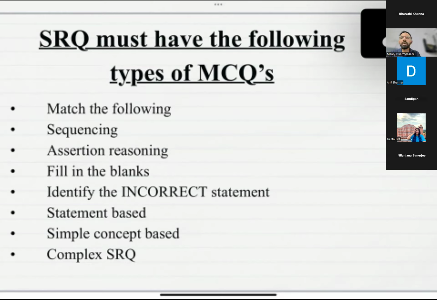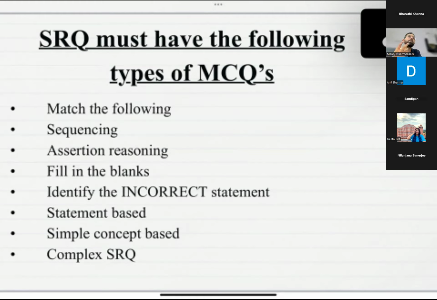What these people are doing is converting those sequencing questions into 1-mark options, giving multiple options in which they change the sequence, and the student has to identify the correct sequence. Like if we talk about the organizing process, it comprises 4 steps. First is identification and division of work, second is departmentalization, third is assignment of duties, and fourth is establishing reporting relationships.